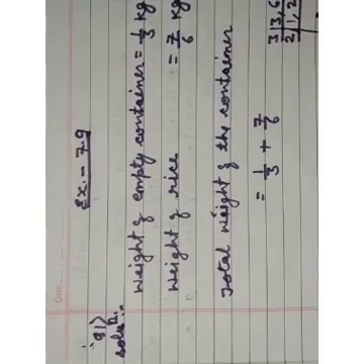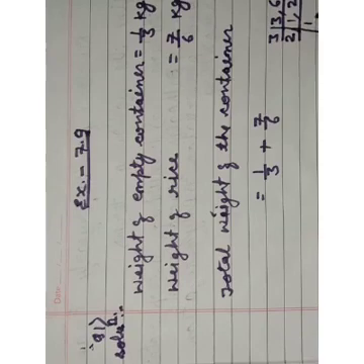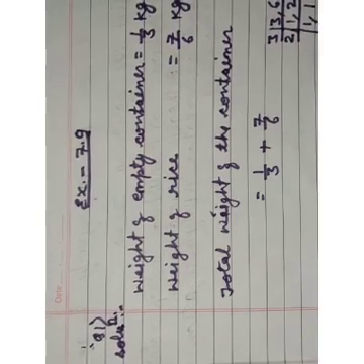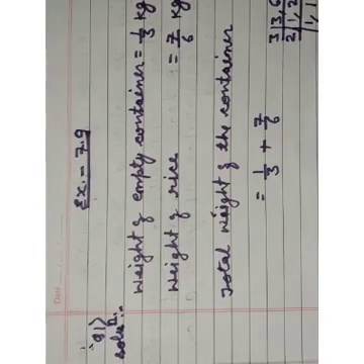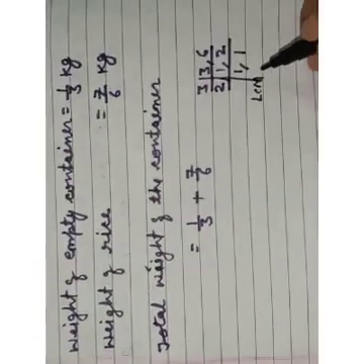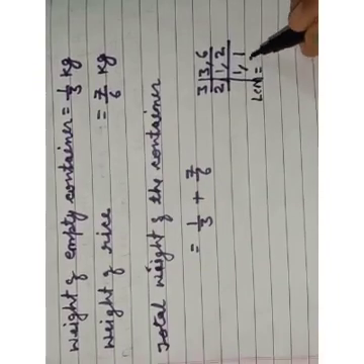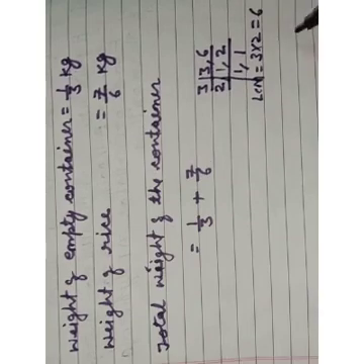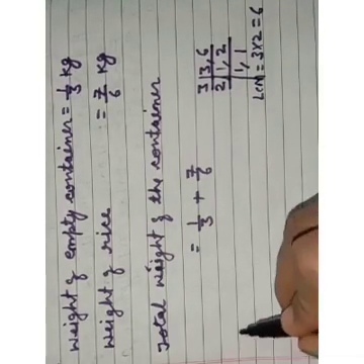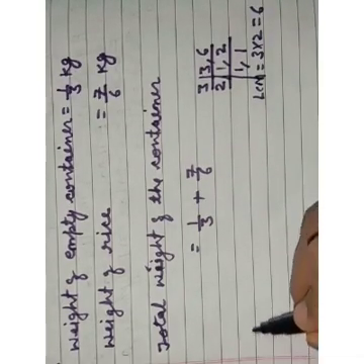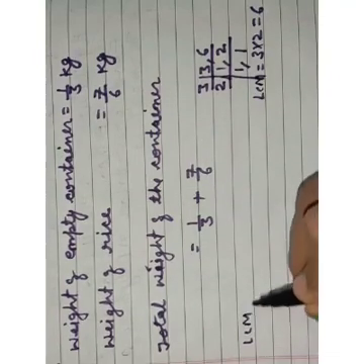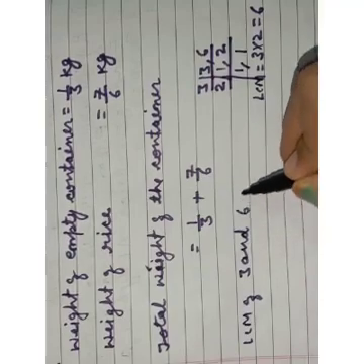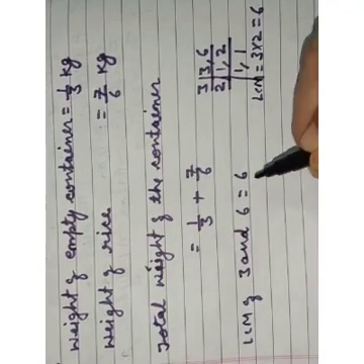Then we divide by 2. 1 is as it is and 2 ones are 2. LCM is equal to 3 into 2, which is 6. So, we write here, LCM of 3 and 6 is equal to 6.